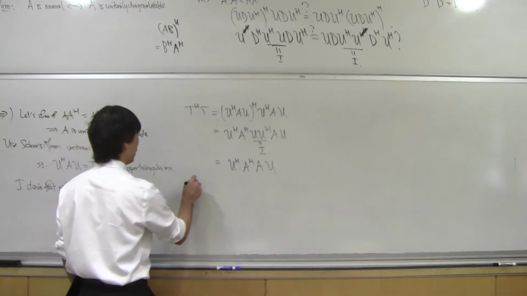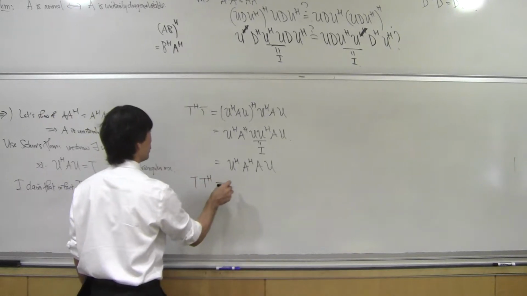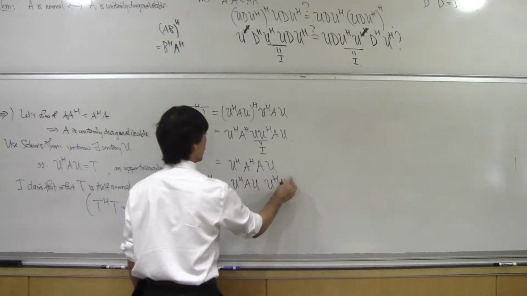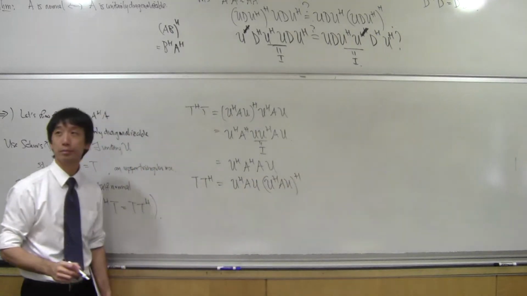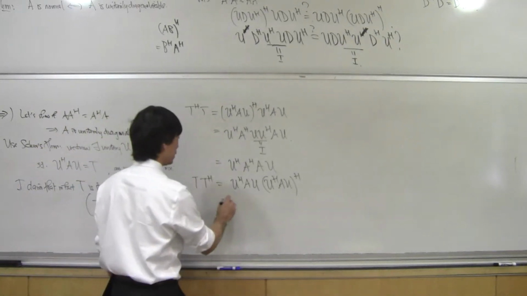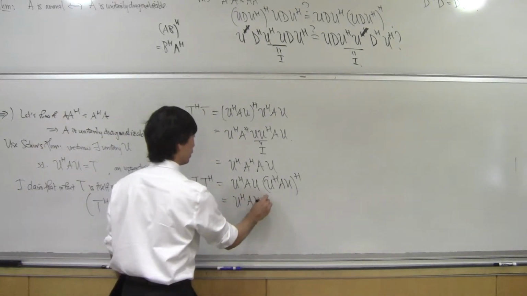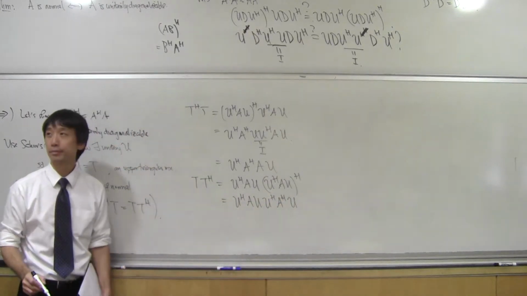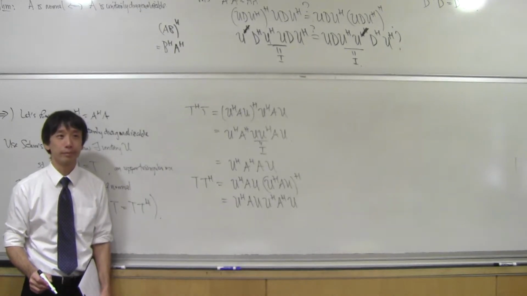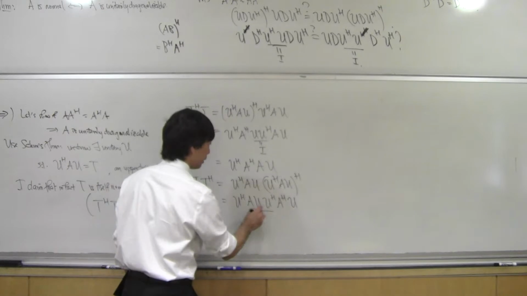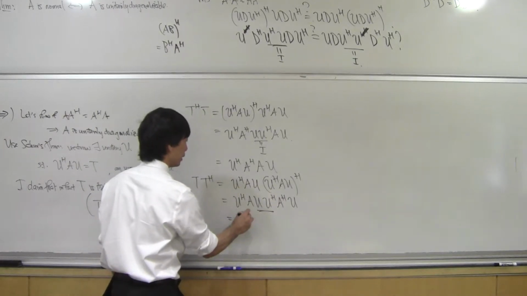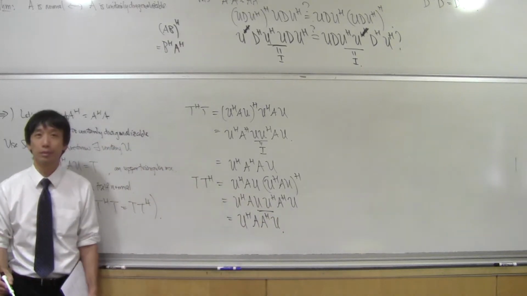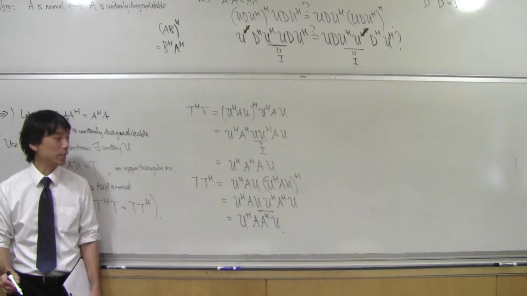If I did it in the opposite direction, T T^H, what do I get? Well, I get U^H A U, U^H A U to the H. But that's U^H A U U^H A^H U double H. And again, the U^H drops out, and I get U^H A A^H U. Well, are those equal?